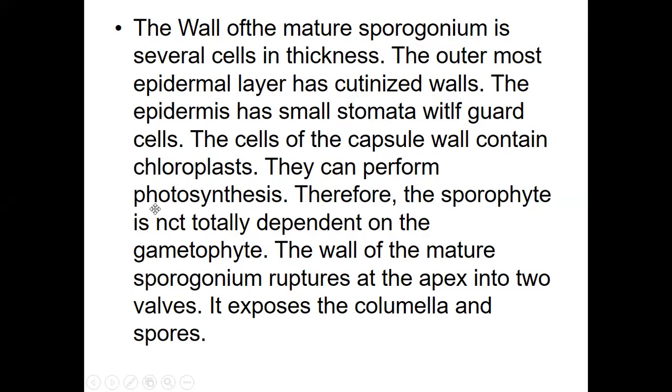So the sporophyte is not totally dependent on the gametophyte. It only depends on the gametophyte for absorbing water and for conducting the water and minerals. But the food is prepared by the capsule itself. So it is partially dependent, whereas in Marchantia, it is completely dependent.